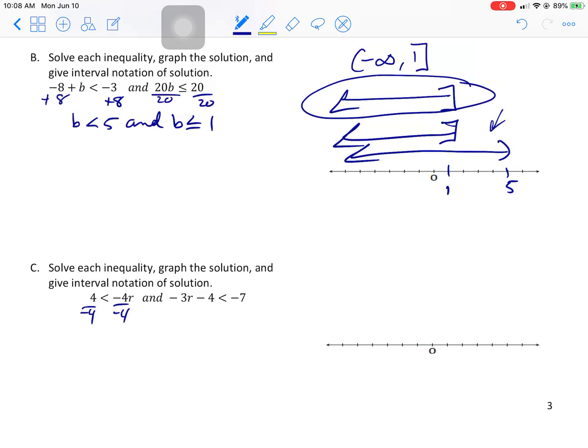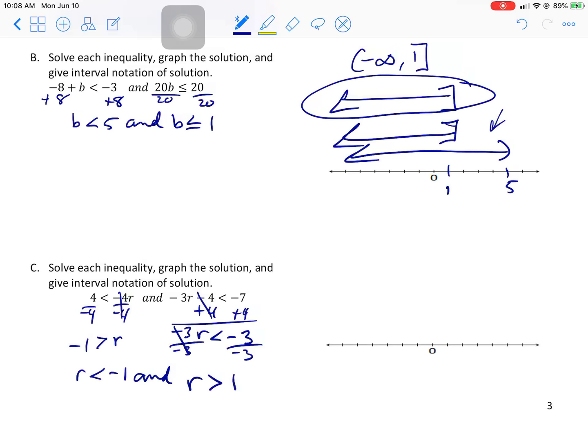All right, so this is going to be -1. Wait, we divided by a negative. Flip the symbol. And then this one, okay, we divided by a negative, flip the symbol, that's a 1.